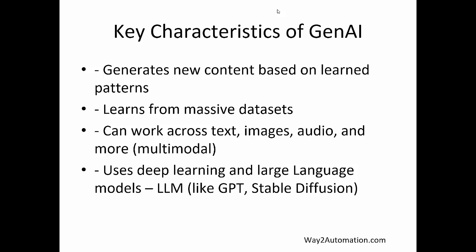GenAI models are trained on massive datasets and learn the patterns in that data so that they can create output that feels original and human-like. So today, tools like ChatGPT, Sora, Gemini, Claude, and Midjourney are changing how we create, how we communicate, and even work. And that's just the beginning.